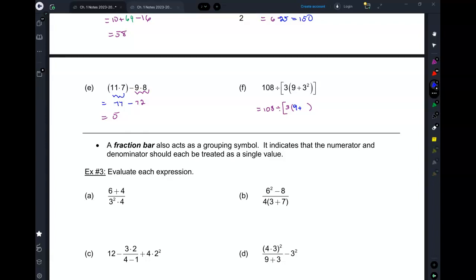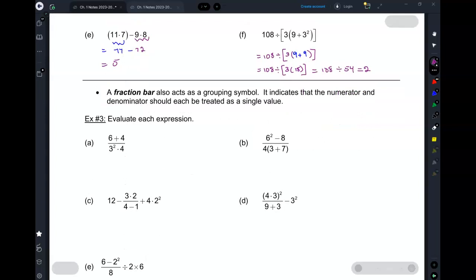So 3 squared is 9. Right? So now let's work our way out. So that's 108 divided by 3 times 18. 54. Okay. I have a 54. Does everybody agree? Yeah. Okay. So that's 108 divided by 54. Right. Fabulous. Okay.